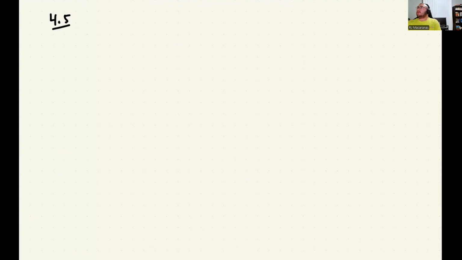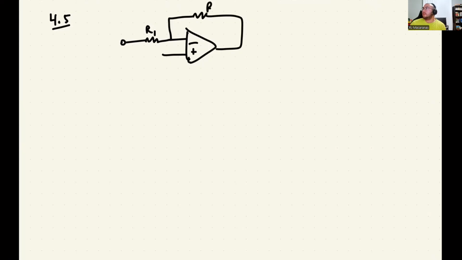All right, so next we're looking at another op amp circuit. This is just really to get more practice with them. There's nothing special about this circuit. So we've got R1 going into the inverting input, R2 feeding back from the output, and this is the output.